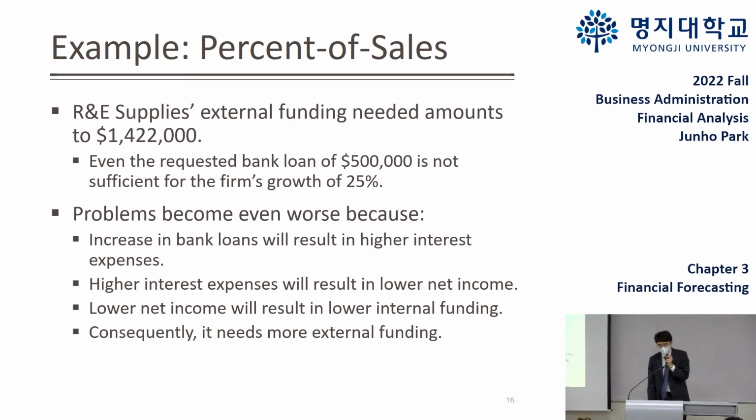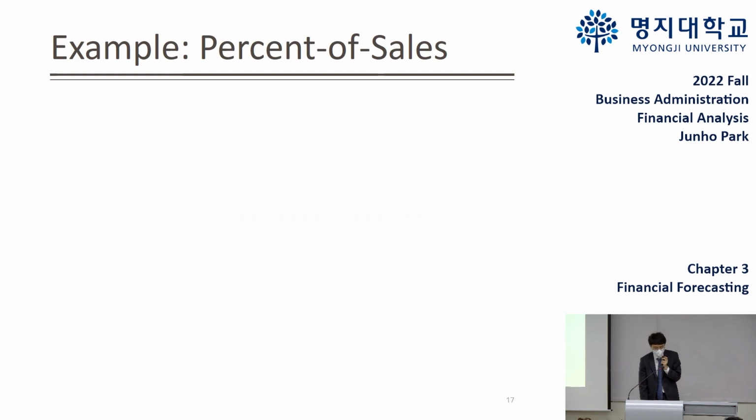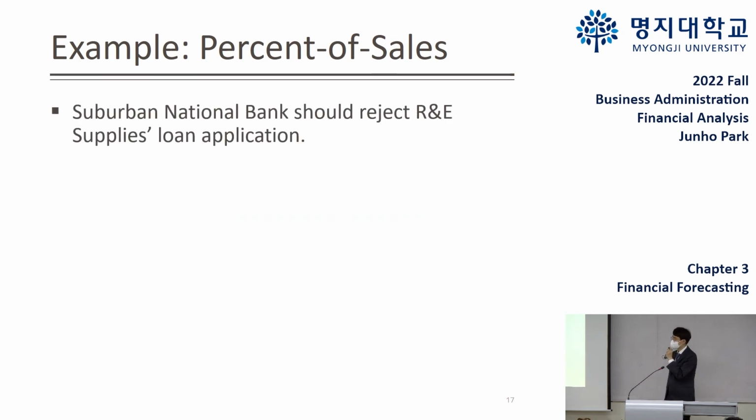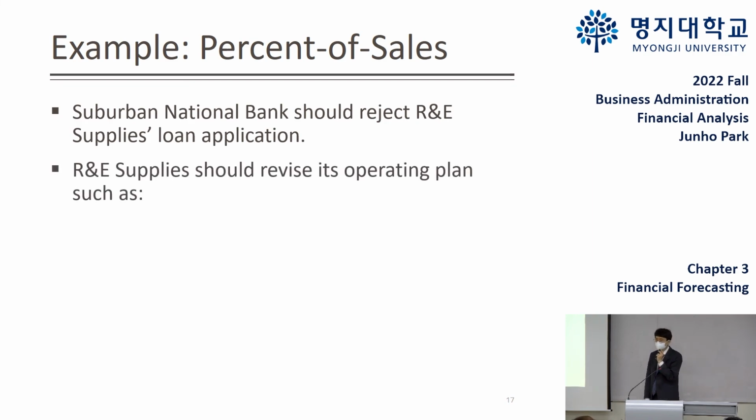And therefore, the conclusion that the loan officer makes is that the bank will reject the offer. So the loan application will be rejected by the bank, and also R&E itself has to think about their management, whether they are doing well or not.